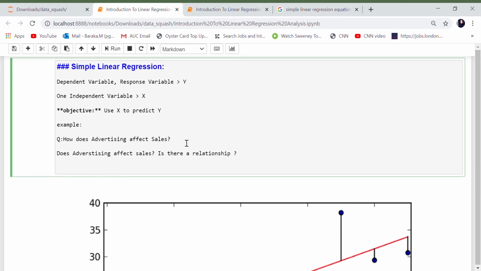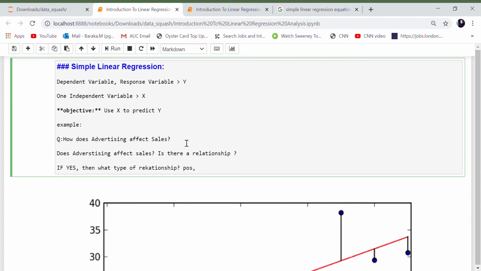And then the second question: if yes, if actually there is a relationship, then what is the type of relationship? You might ask, what do you mean by what type of relationship? So maybe it's a positive relationship, which means that when we increase the money we spend on advertisements, the sales are going to increase.